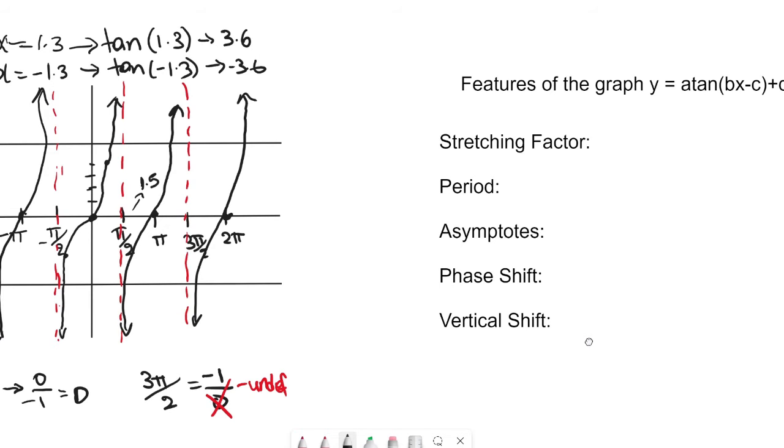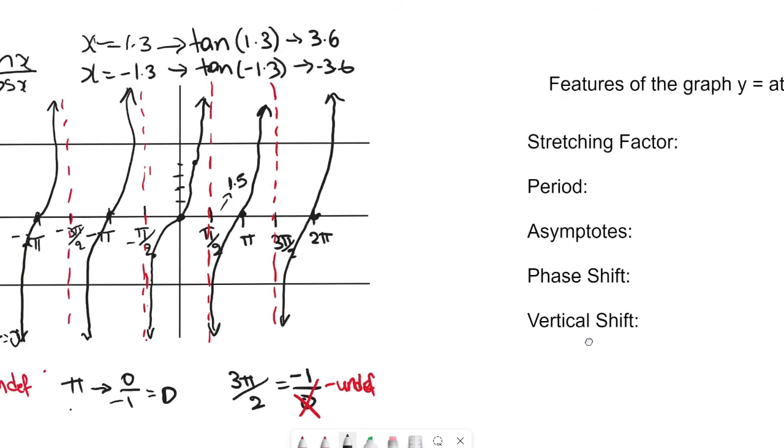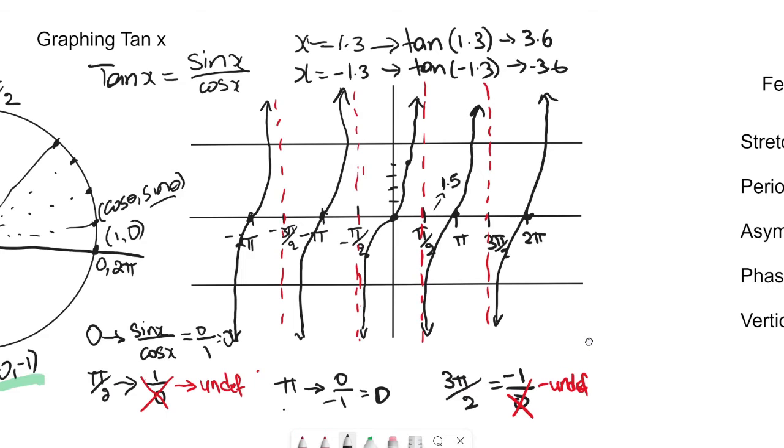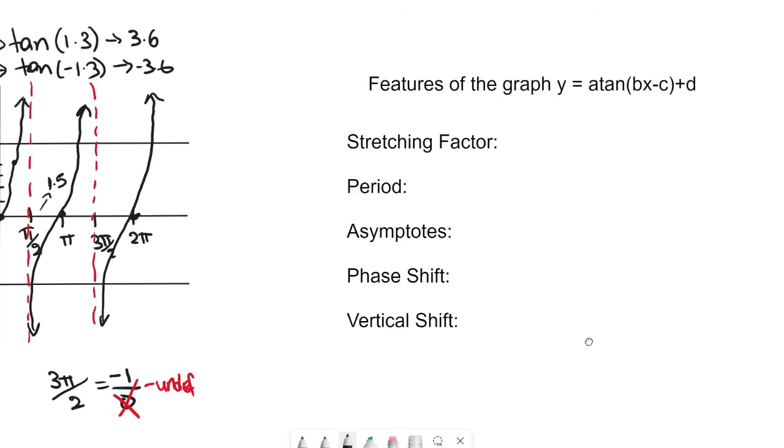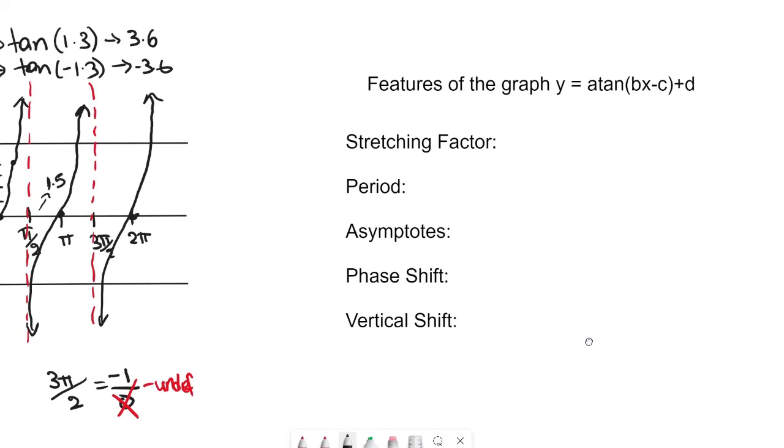For instance, amplitude is not going to be in play for your tan graph. Instead, this is your basic graph of tan x. So now let's look at if we had a graph of y equals a times tan(bx minus c) plus d. That absolute value of a that used to be our amplitude for our sine and cosine graph is now the stretch factor for our tan graph.